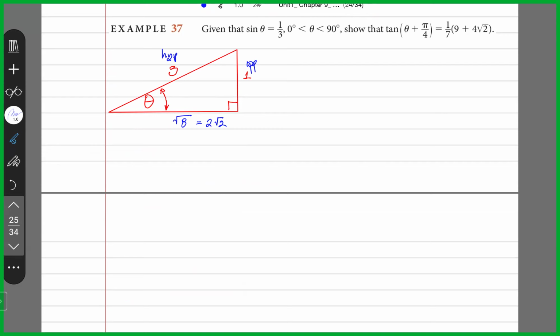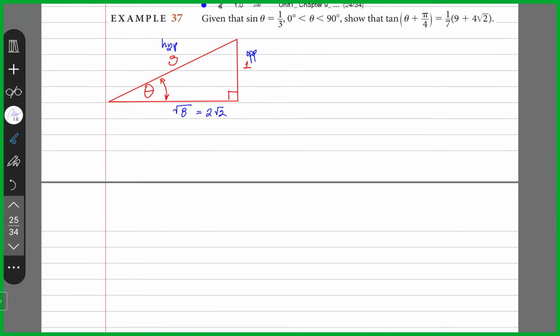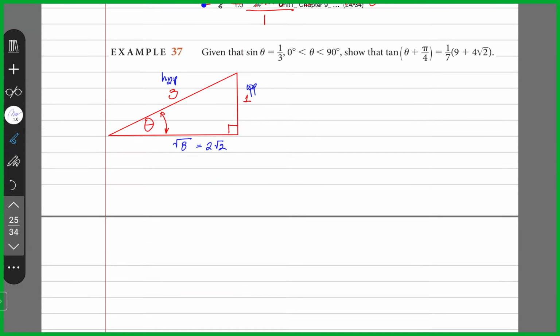All right, I guess we can look at this two ways. This is one way of looking at it.